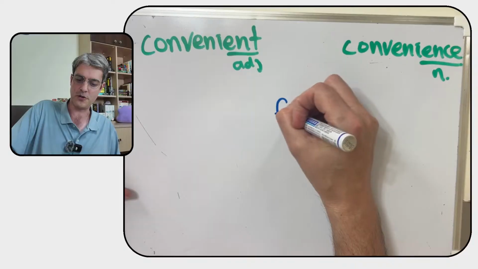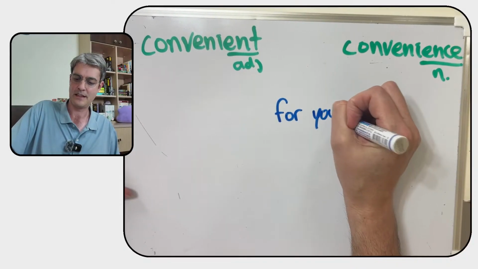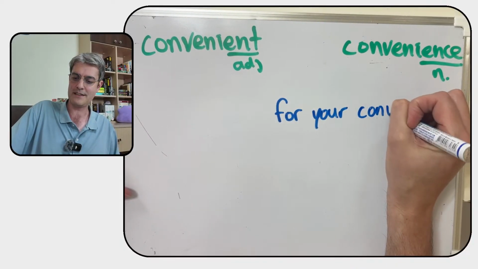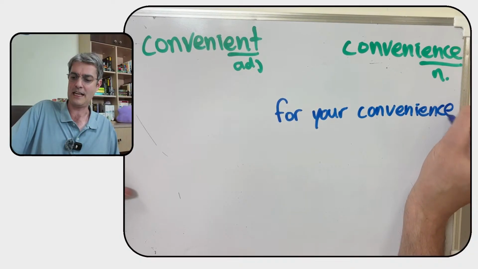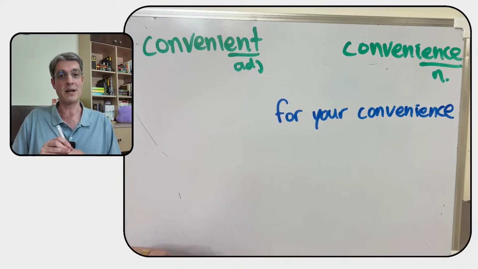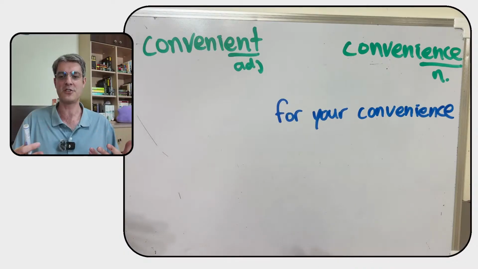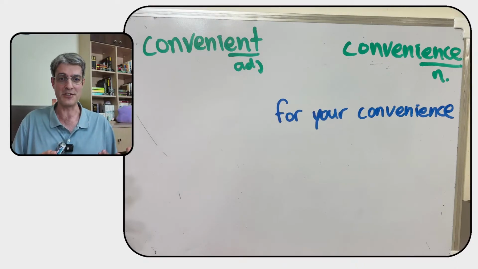We got for your convenience. For your convenience. And you'll often see this serving as a polite or professional way to show that something is designed to make a task or a process easier or faster or more efficient for you.